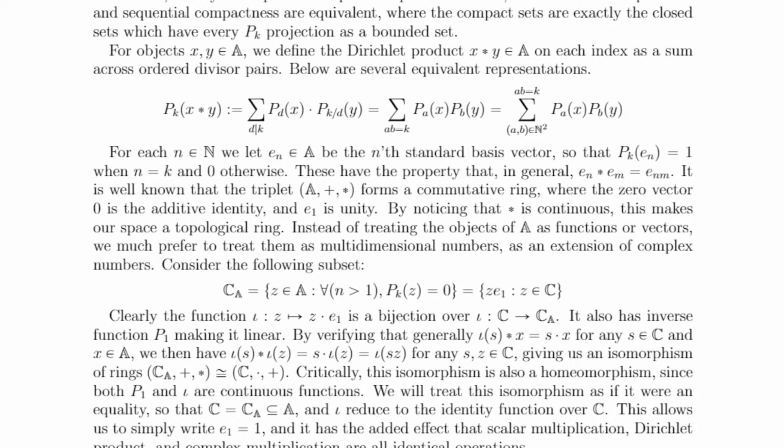Another thing that's really nice, and this is really important, is that our Dirichlet product is continuous in our topology. The way that we know that a function is continuous in our space is if and only if it is continuous on each projection. So up here we have our definition in terms of the projections. Whenever we multiply two objects together, we can project them down to figure out what the result is.